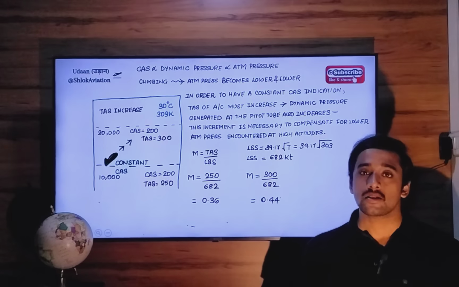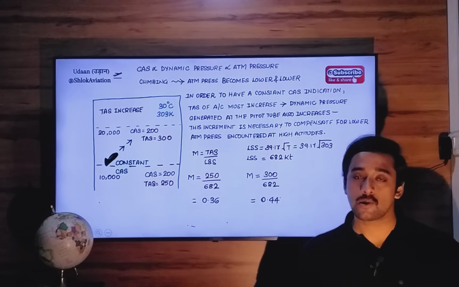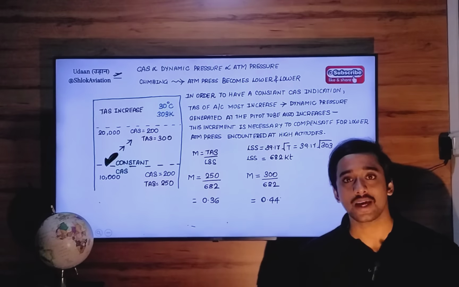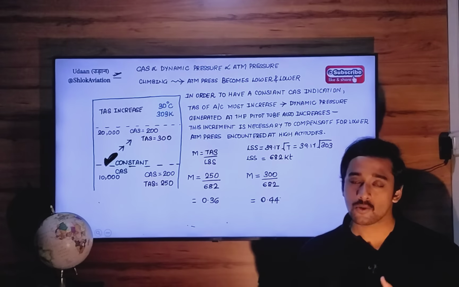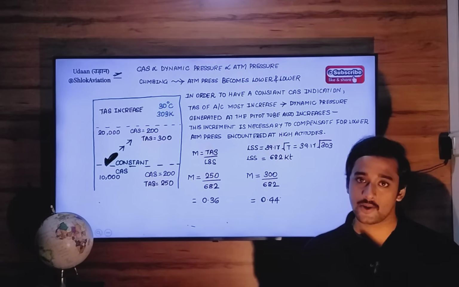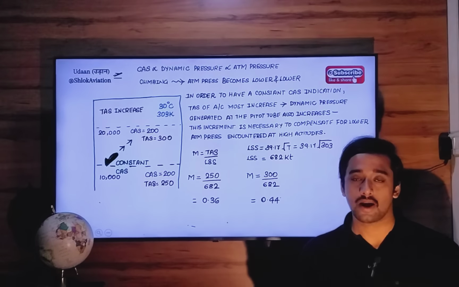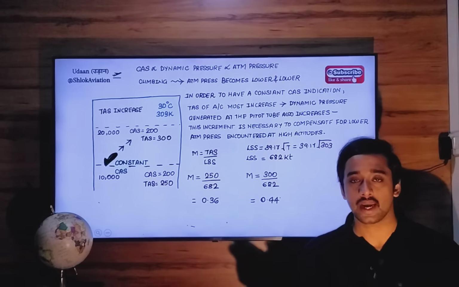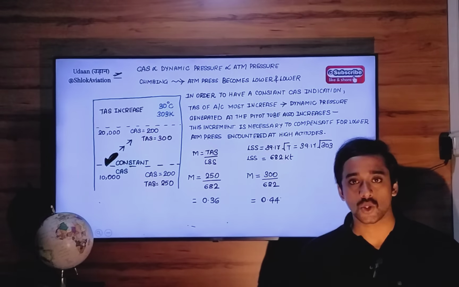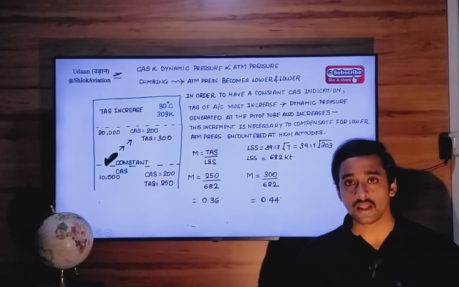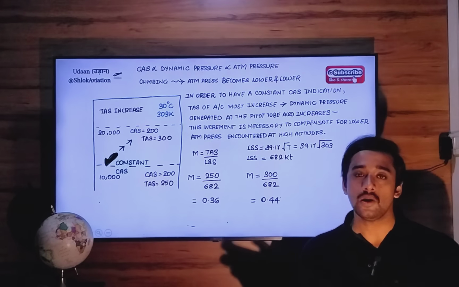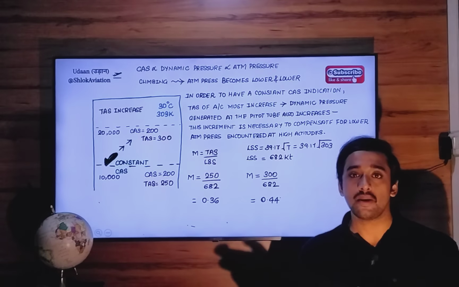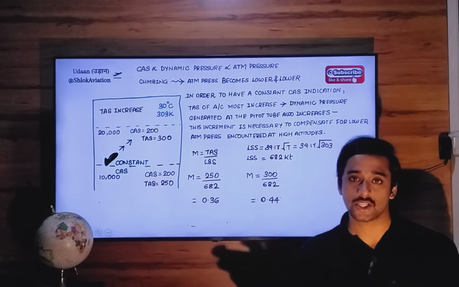This dynamic pressure is proportional to the speed of your aircraft. Now, when you climb to higher and higher altitudes, the atmospheric pressure surrounding you decreases in value. When this happens, the dynamic pressure sensed by these pressure instruments, the airspeed indicator and altimeter, will also decrease. If dynamic pressure decreases, the airspeed indication will be much less than expected.